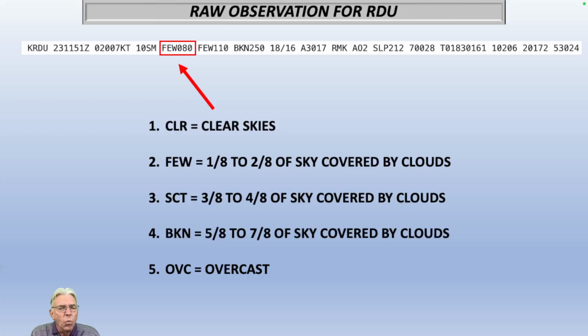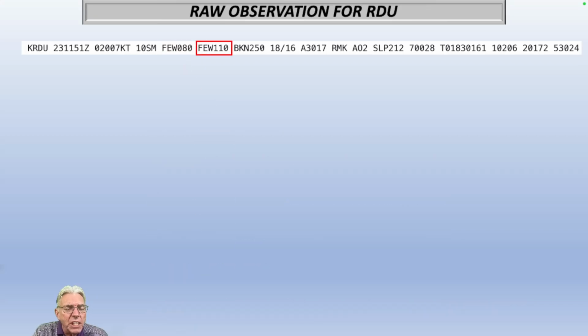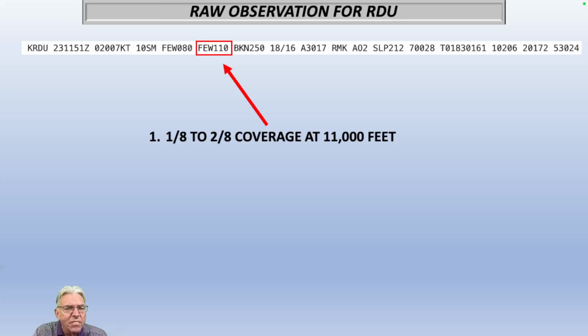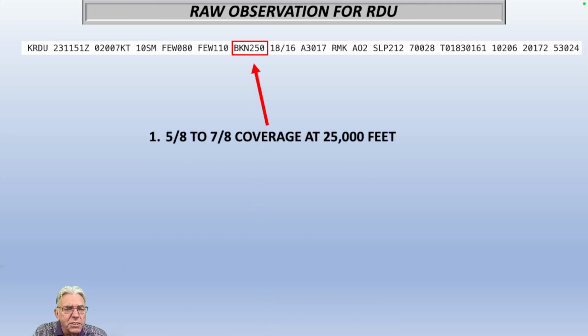So in this case, 1/8 to 2/8 of the sky is covered by clouds, and the 080 is the height in feet above ground level, and you have to add 2 zeros at the end. So 080 plus 2 more zeros gives you 8,000 feet. Then the next one, same amount of coverage, but it's now at 11,000 feet. And finally, the third layer is at 25,000 feet, and it's broken, which means it covers 5/8 to 7/8 of the sky.